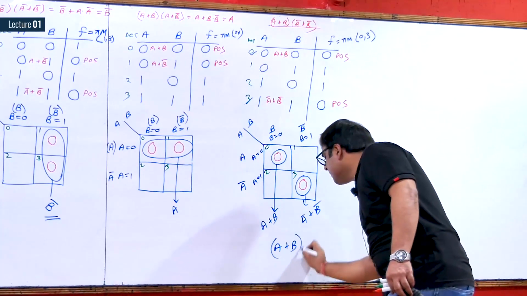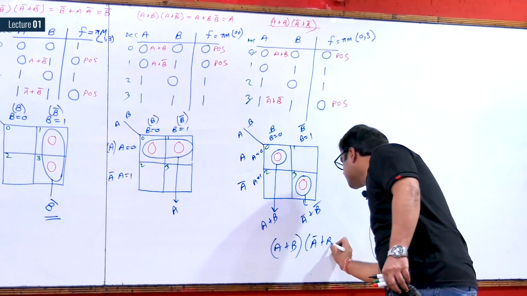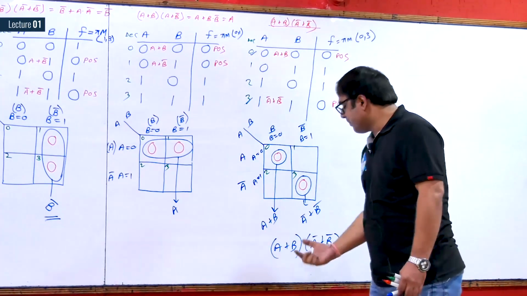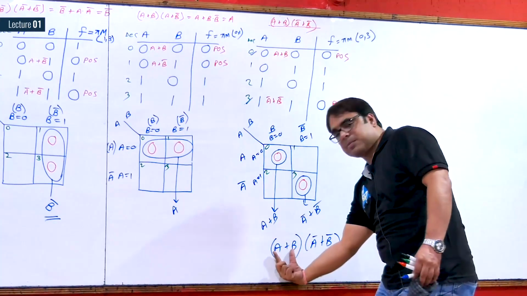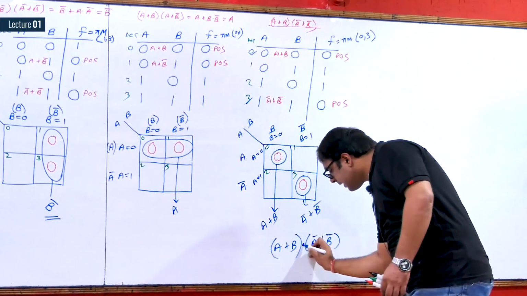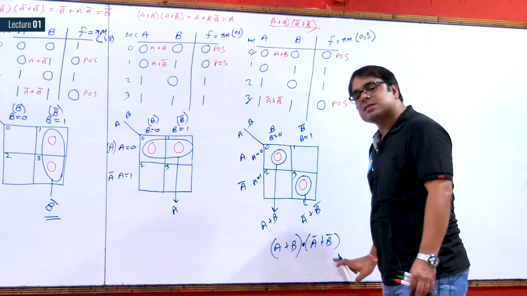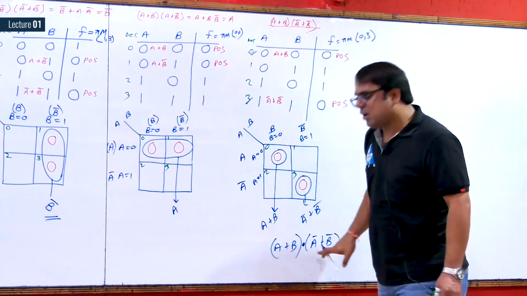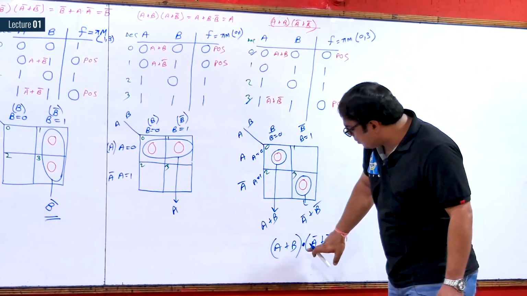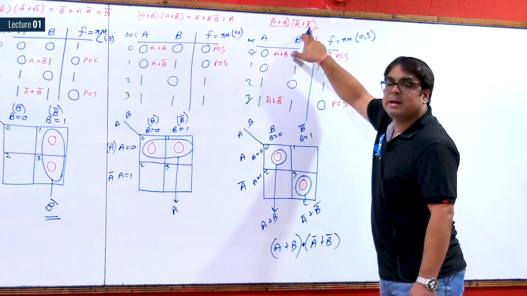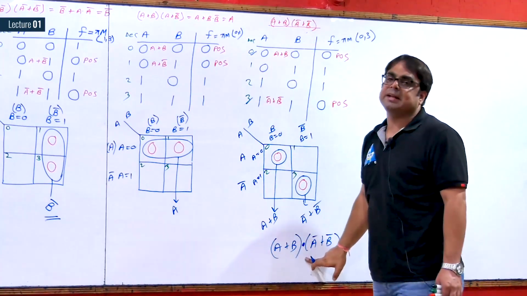(A plus B) dot (A complement plus B complement). Product of sum. Individual terms will be sums and we have to take the product of the sum terms. So the same answer we are getting by Boolean and the same answer we are getting by K-map.